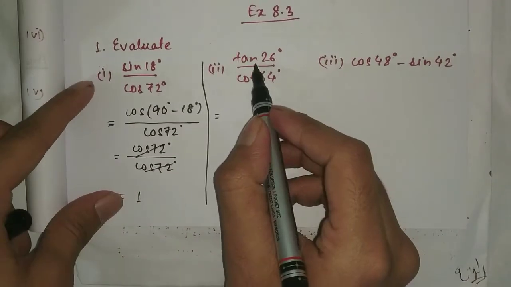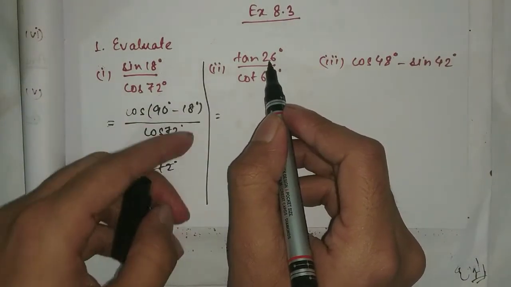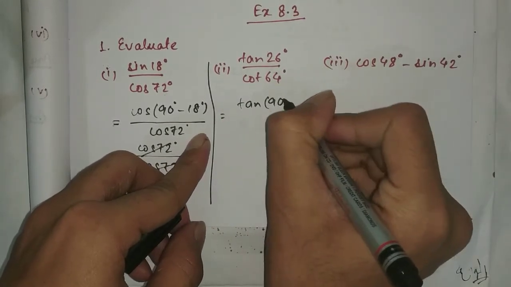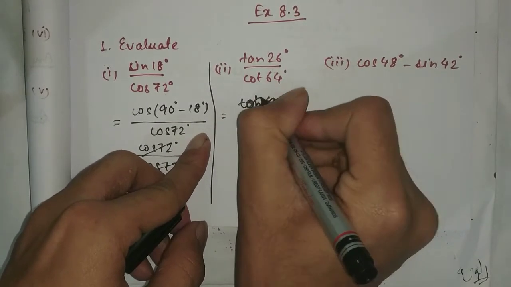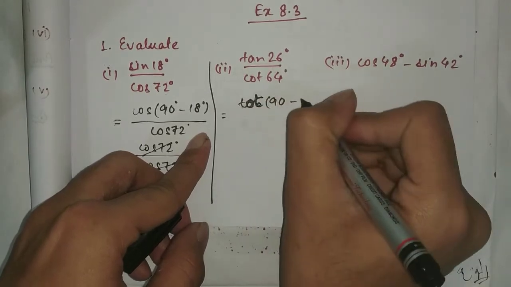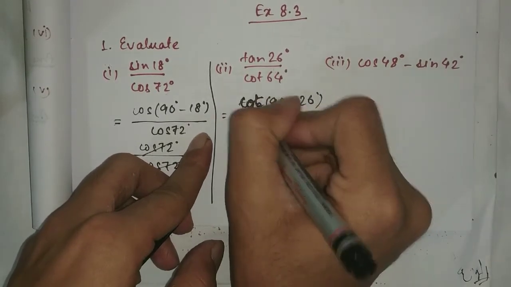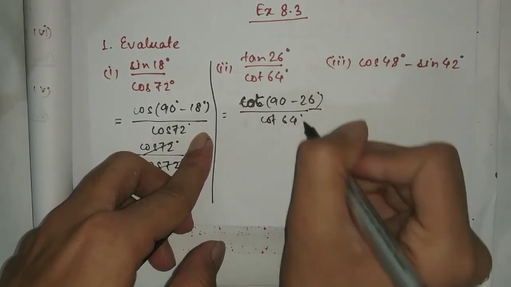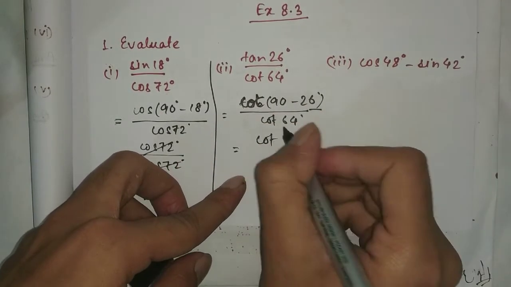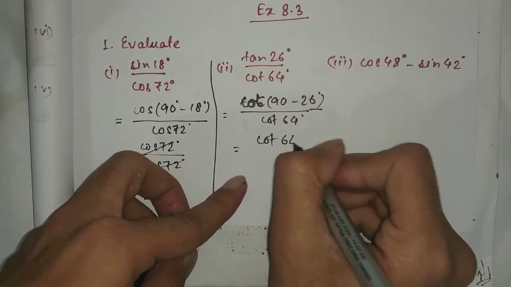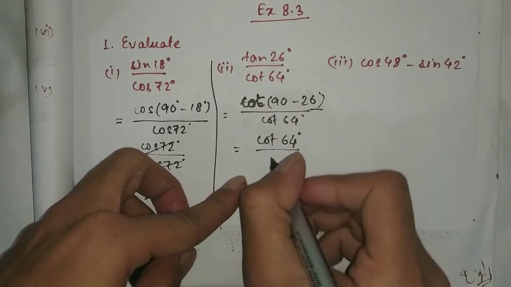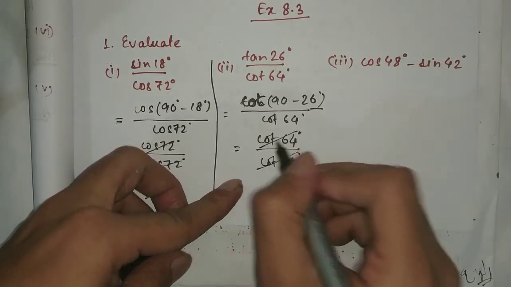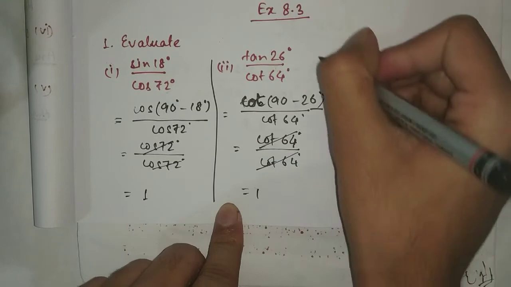So in place of tan a, where a is 26, we take cot of 90 minus 26 degrees, and the denominator remains the same. So 90 minus 26 comes up to be 64 degrees, and the denominator is the same, cot of 64. They both get cancelled out and it becomes 1.